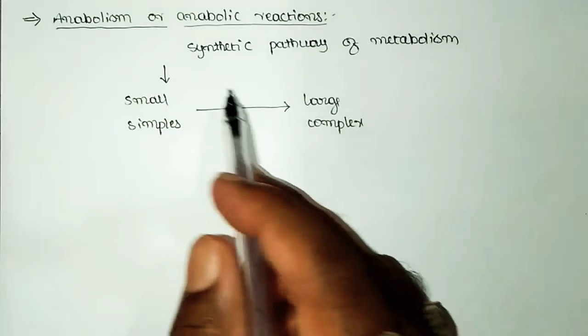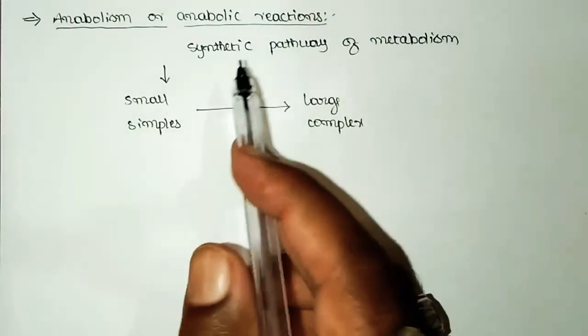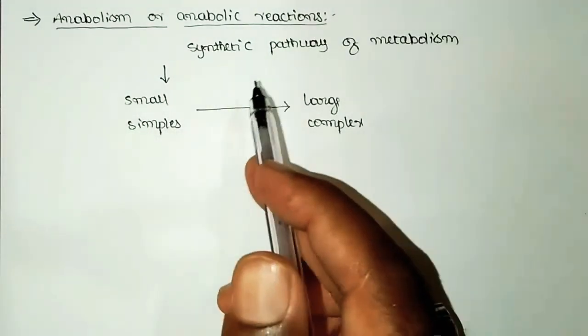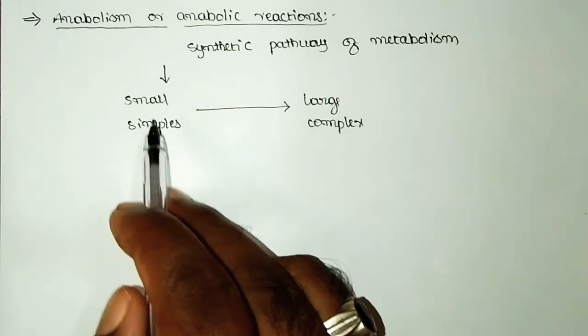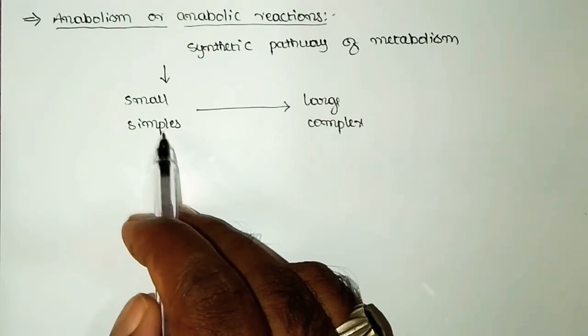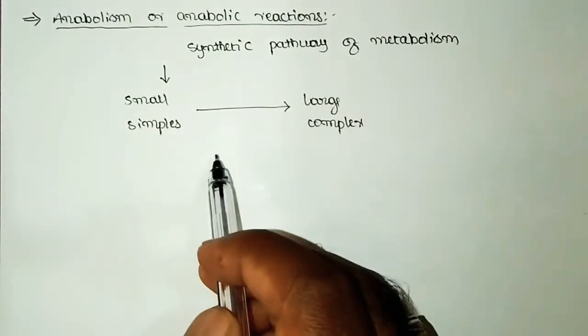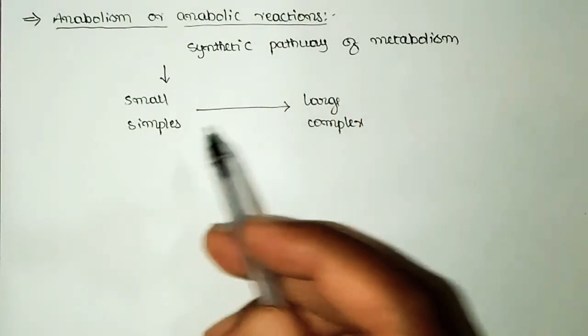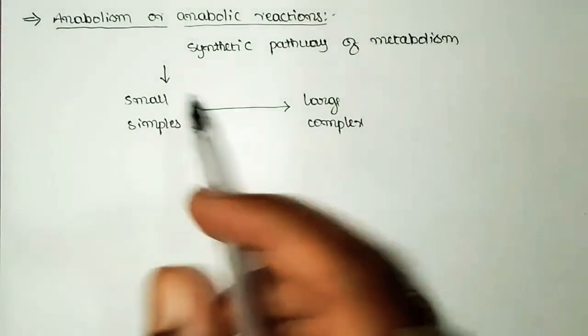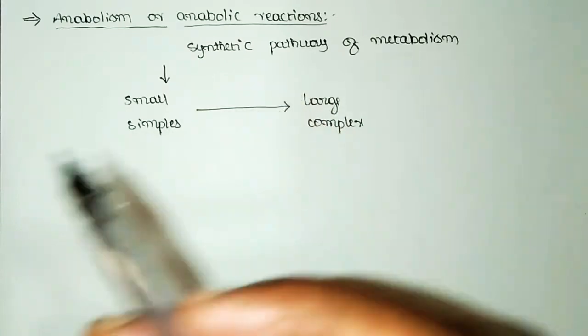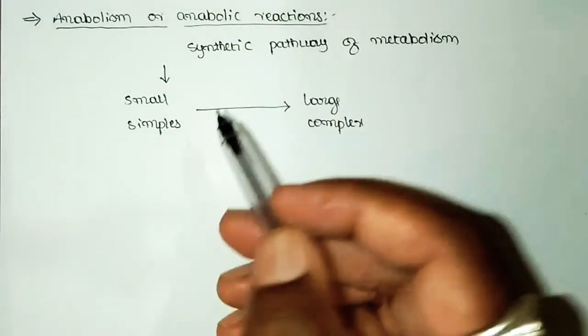We said in case of catabolic reactions, a large amount of energy will be released. But here the conversion of small or simple monomers into larger or complex nutrient molecules is not a thermodynamically favored reaction. It means they cannot take place on their own. They need some amount of energy.